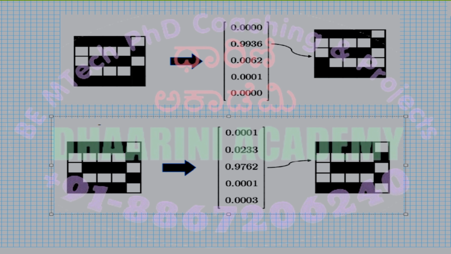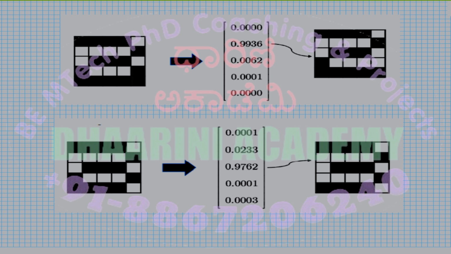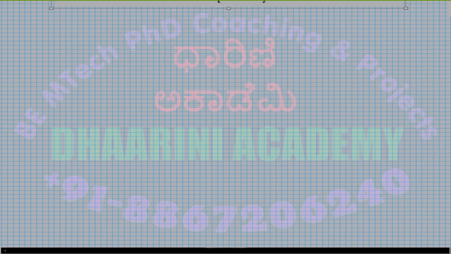Okay, so let's look at the fourth class. In the fourth class, the machine actually had some confusion. We have observed that. Let's do the analysis of that part of the result. Okay, this is the next.